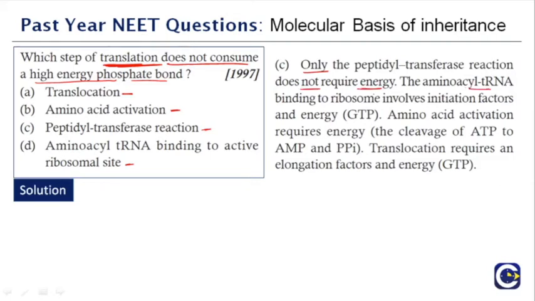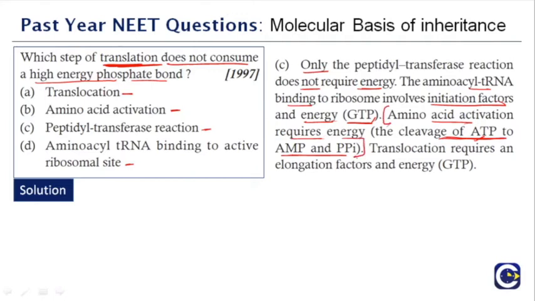The amino acid tRNA binding to the ribosome involves initiation factors and energy in the form of GTP. It is also important to remember when GTP is used and when ATP is used. Amino acid activation requires energy, the cleavage of ATP to AMP and PPi.